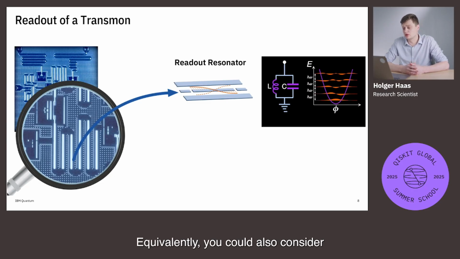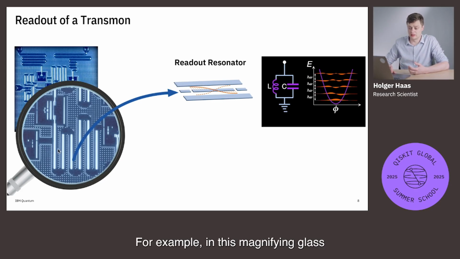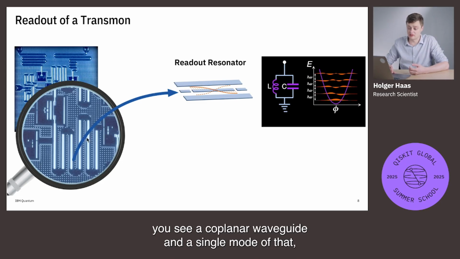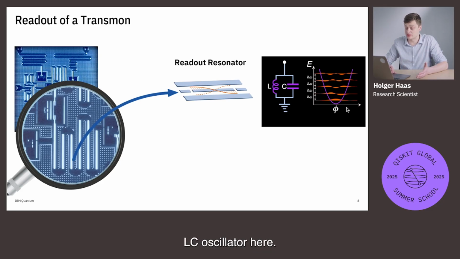Equivalently, you could also consider a single mode in a transmission line that would also give you a resonant structure. For example, in this magnifying glass, you see a coplanar waveguide, and a single mode of that, maybe the lowest harmonic, would give you a resonant structure like that LC oscillator here.